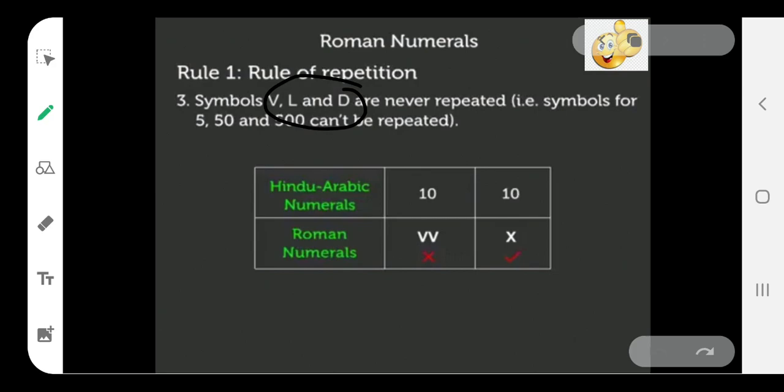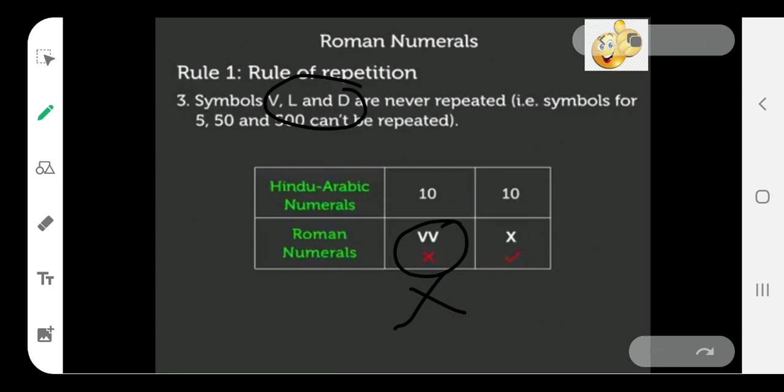That means if I want to write 10, I cannot write VV because V stands for 5. Two 5s make 10, but we cannot use this symbol 2 times. So that is the wrong method. And for 10 we have to write only X. So this is the correct method. We have to keep in mind that V, L and D: V is for 5, L is for 50.